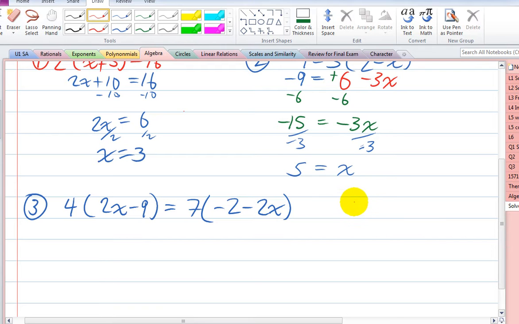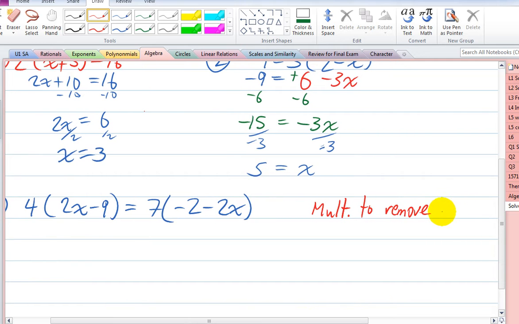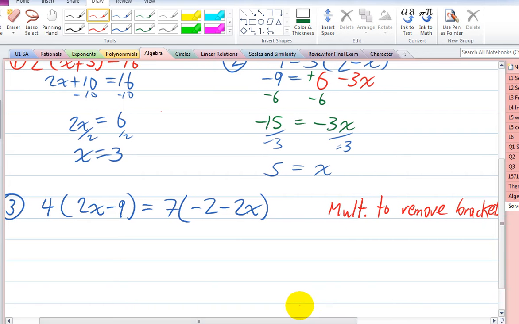So the first thing you want to do is multiply to remove brackets. So we want to get rid of our multiplication brackets. So multiply in, multiply in, multiply in, multiply in.